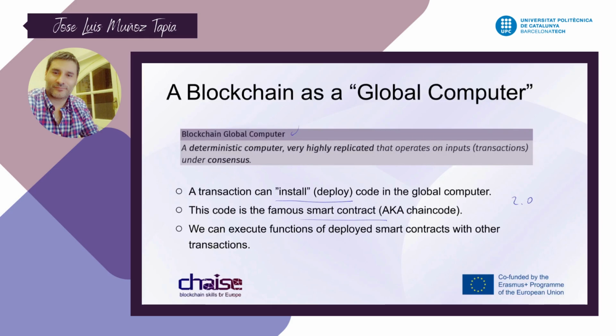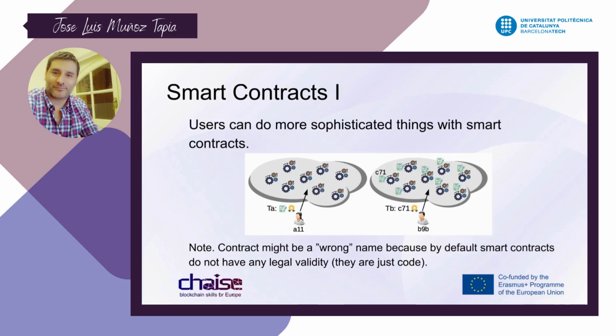And how do we use these smart contracts? Before you can use a smart contract, you need to deploy it. If you want to use a smart contract, you have to install it, but in blockchain we don't say install, we say deploy. And how are smart contracts deployed on a blockchain? They are deployed through a transaction. We need to send a transaction to the network, and this transaction needs to be included in a block and executed.